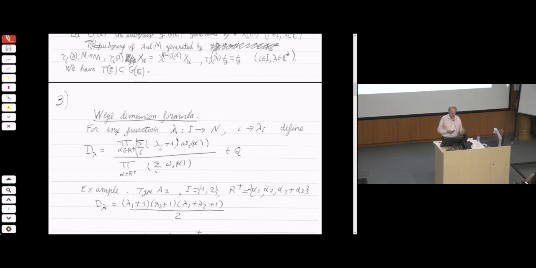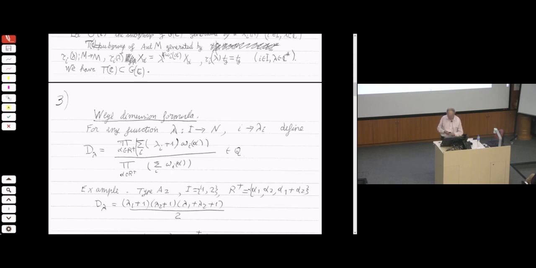It turns out to be the dimension of some representation of this Lie group. So it's a positive integer. But it's not at all obvious from the formula why this is an integer. That is totally unclear.